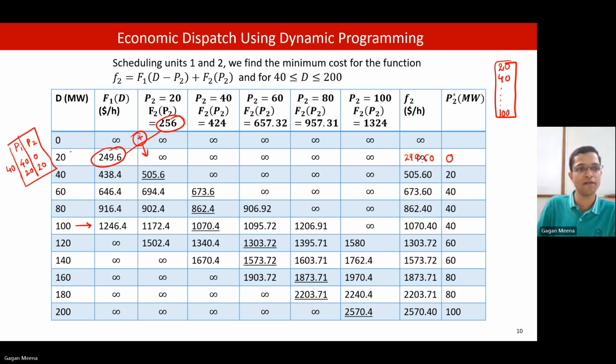For 20, 20, the cost is this much, 505.6. And for 40, 0, the cost is 438.4. Again, I have made a mistake here.